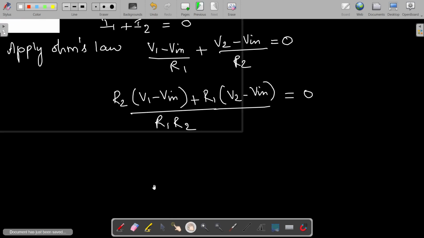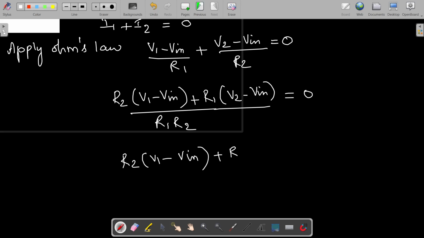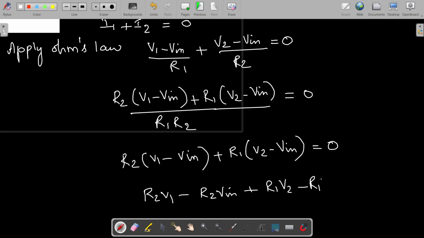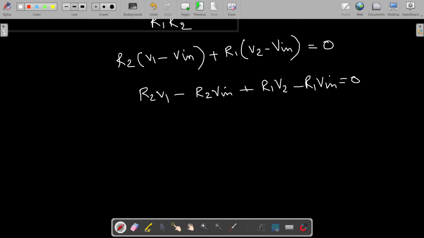Otherwise this can also be written as R2 into (V1 minus Vn) plus R1 into (V2 minus Vn), equal to 0. So it is R2 V1 minus R2 Vn plus R1 V2 minus R1 Vn, equal to 0. If you combine the Vn terms together, it is minus Vn times (R2 plus R1), plus R2 V1 plus R1 V2, equal to 0.